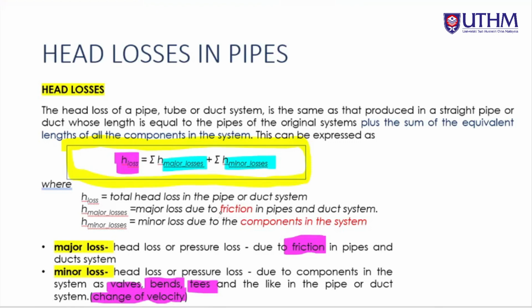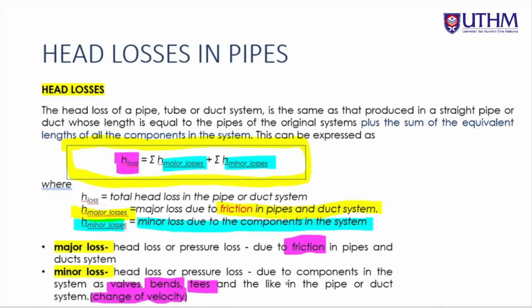Major losses is due to friction in pipes and duct system. Okay. Kalau kita cakap pasal friction yang seperti yang kita kira tadi, yang tu semua adalah contributed by the major losses. On the other hand, for the minor losses, this is due to the components in the system.